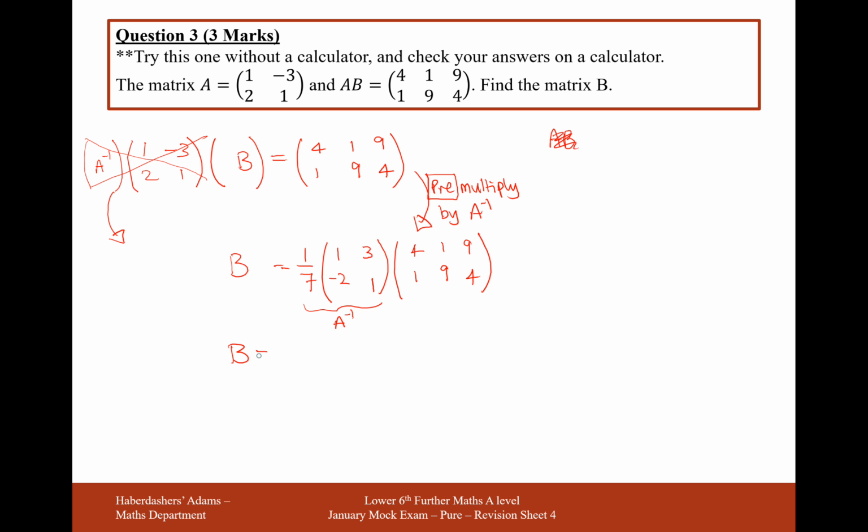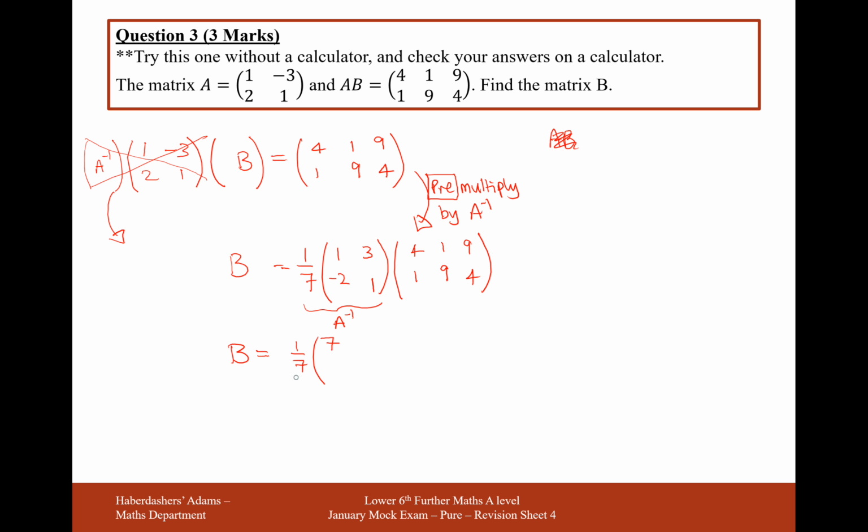So what we'll do now is multiply out the brackets. Remember, we go horizontal in the first matrix and vertically in the second matrix. So 1 times 4 is 4, add 3 times 1 is 3, so that will get me a 7.